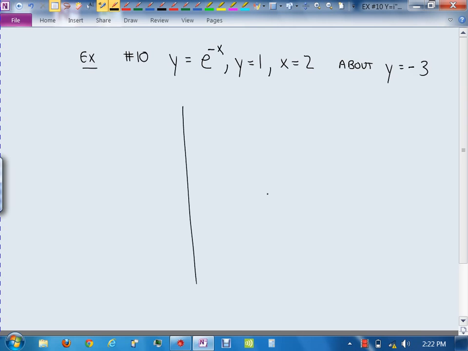e to the negative x. What does e to the negative x look like? 1 over e to the x. Good. What does that look like? Ask your calculator, see what it says. It's e to the x reflected over the y-axis. So this is 1 right there.